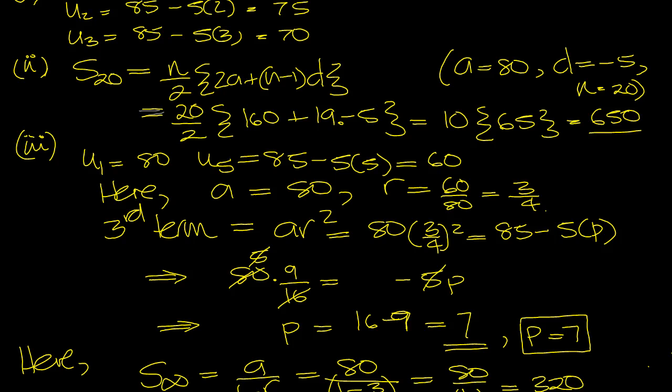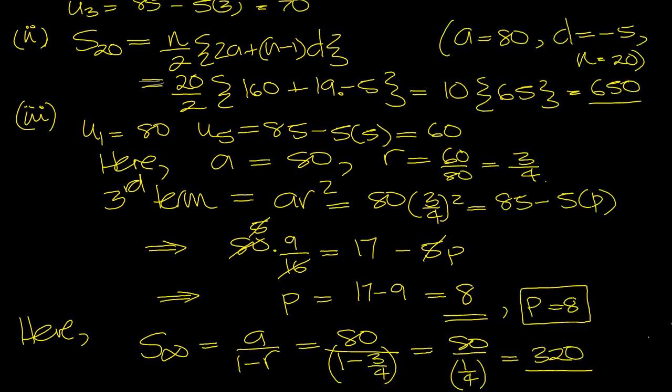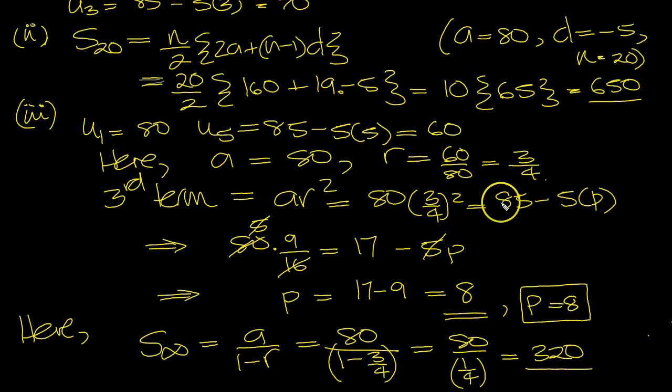So that would be 17 there, and this would be 17, of course. So that was 9, so 17 minus 9, and that's going to equal the value of 8. So let's put it in. So p equals 8. So apologies for that little error. But it's good to double check something in case a silly mistake has occurred, which it did here.